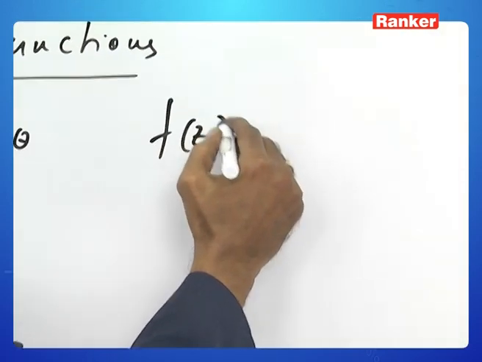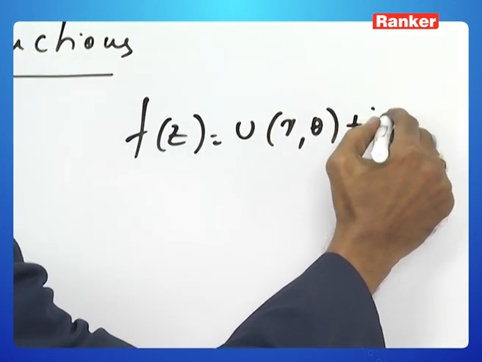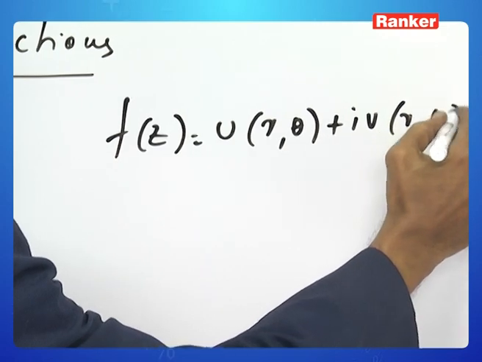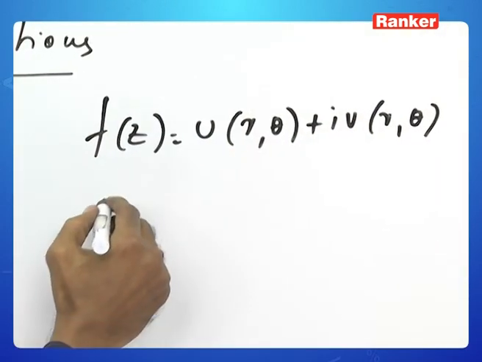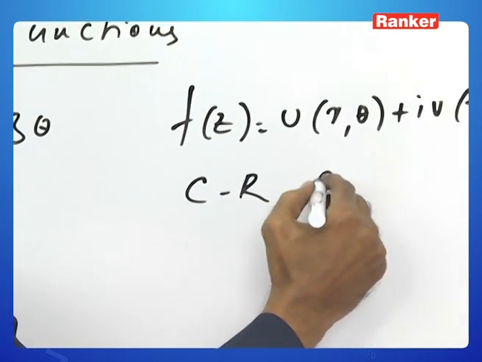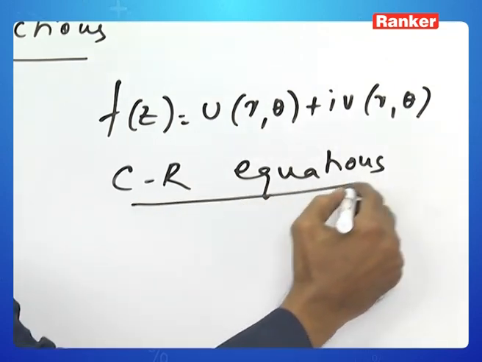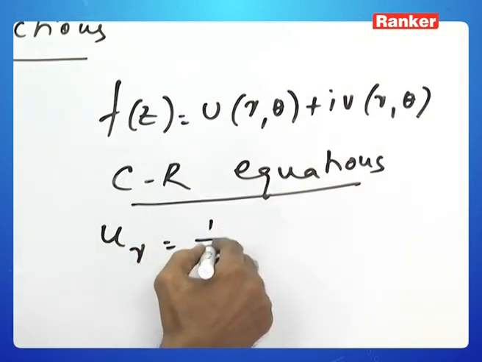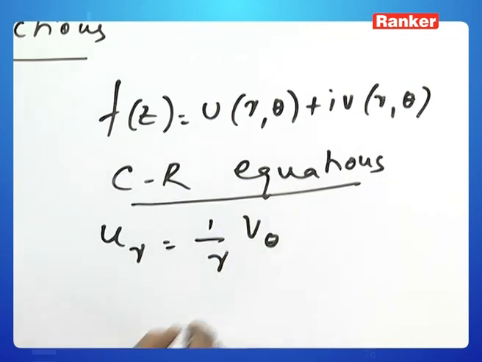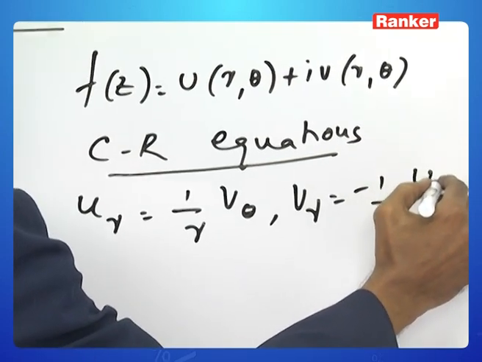So when you have f of z is equal to u of r comma theta plus iv of r comma theta, if this is analytic, then the Cauchy-Riemann equations will be ur is equal to 1 by r v theta, vr is equal to minus 1 by r u theta.